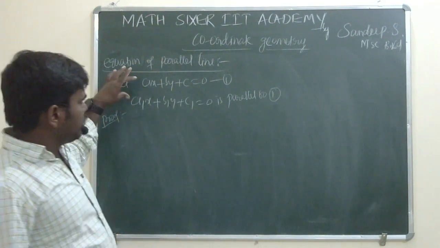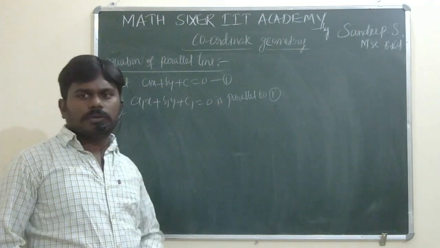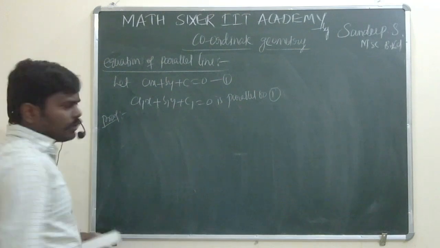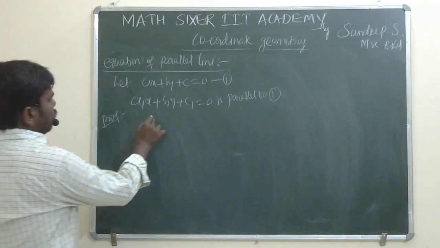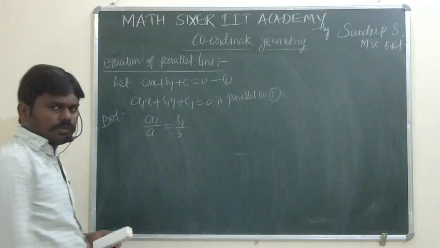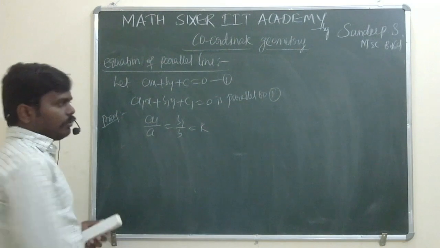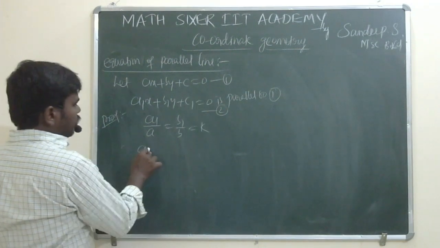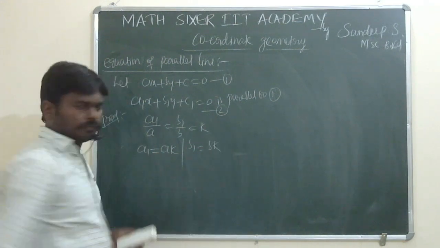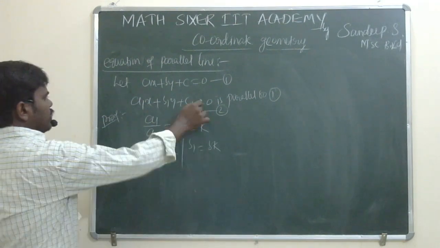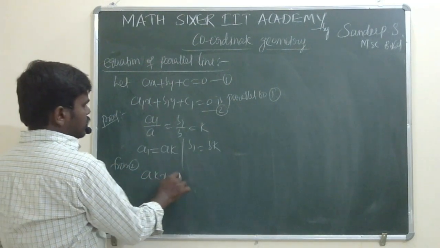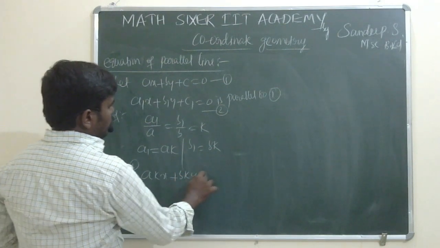These two lines represent parallel lines. In the last video I have given the condition for parallel lines. When two lines are parallel, then a1 by a is equal to b1 by b is equal to some constant k. So now we can write a1 is equal to a into k and b1 is equal to b into k. Now substitute these values in equation number 2. We get akx plus bky plus c1 is equal to 0.